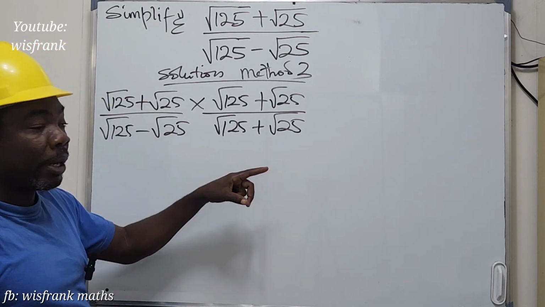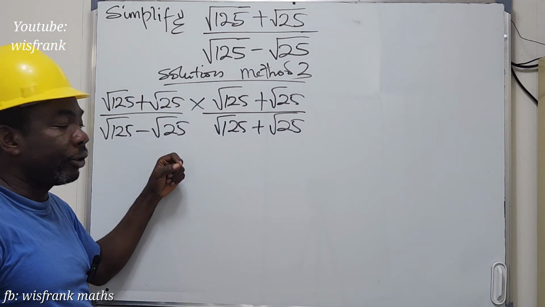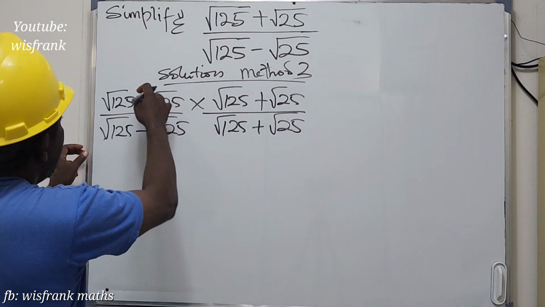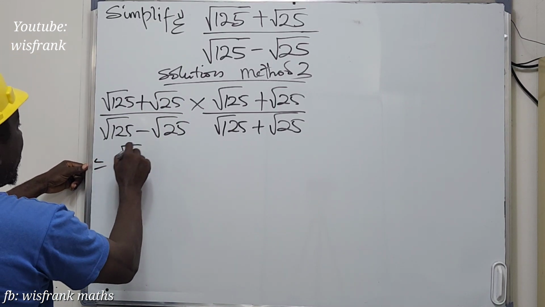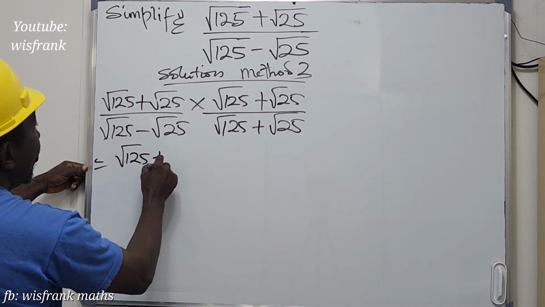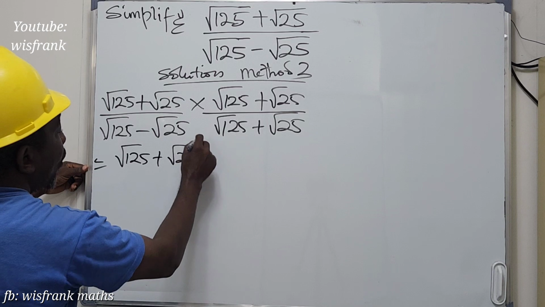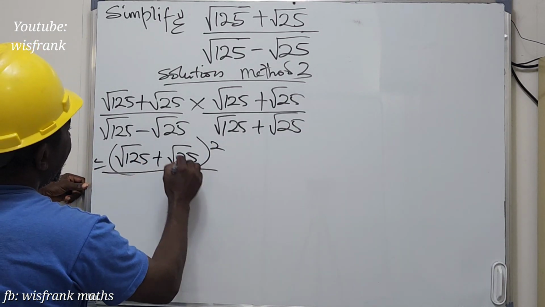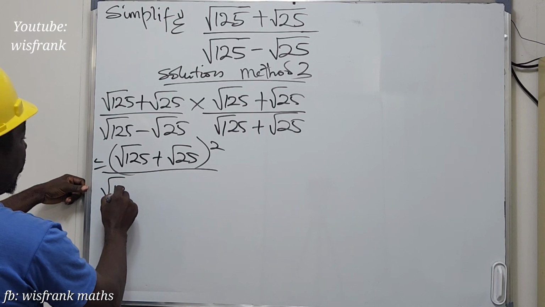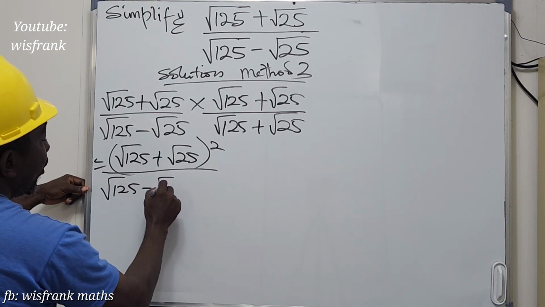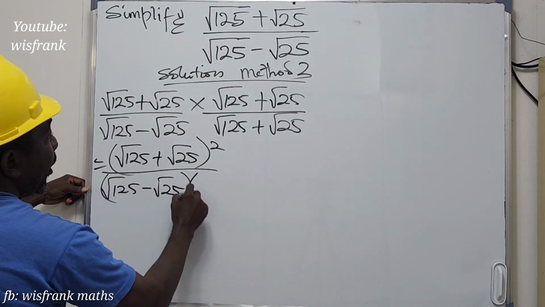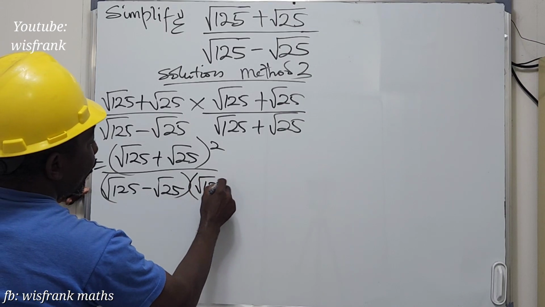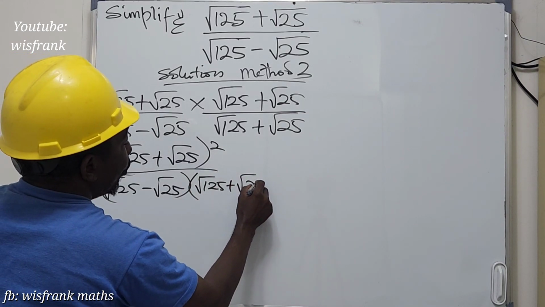So we multiply numerator and denominator, and this becomes square root of 125 plus square root of 25 all to the power of 2 for the numerator, and the denominator we have square root of 125 minus square root of 25 into square root of 125 plus square root of 25.